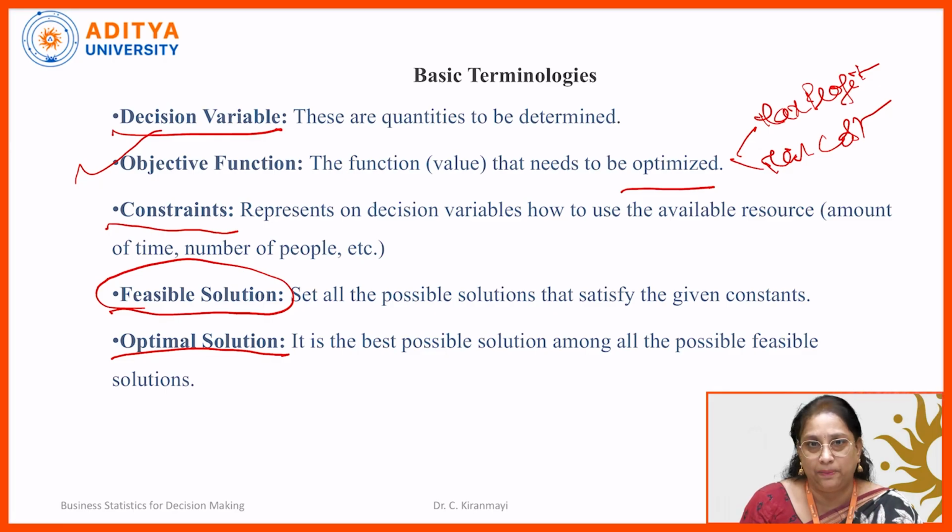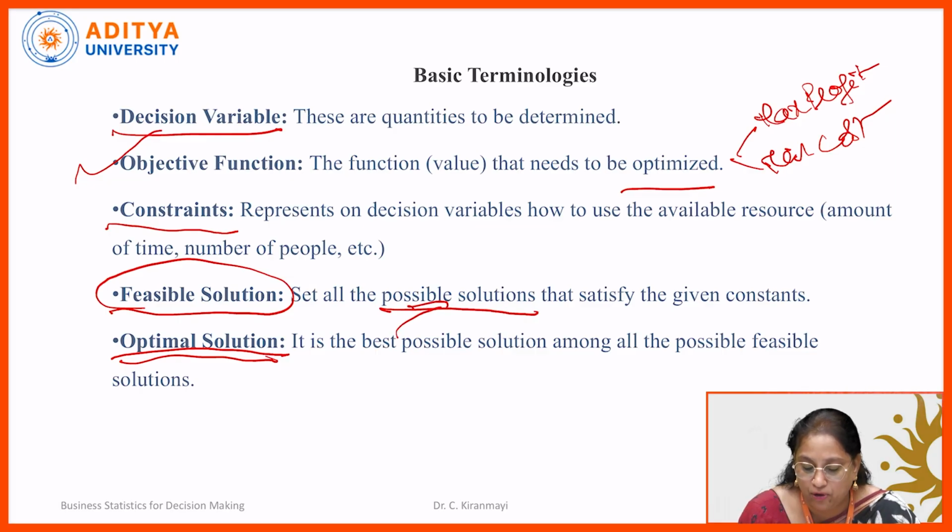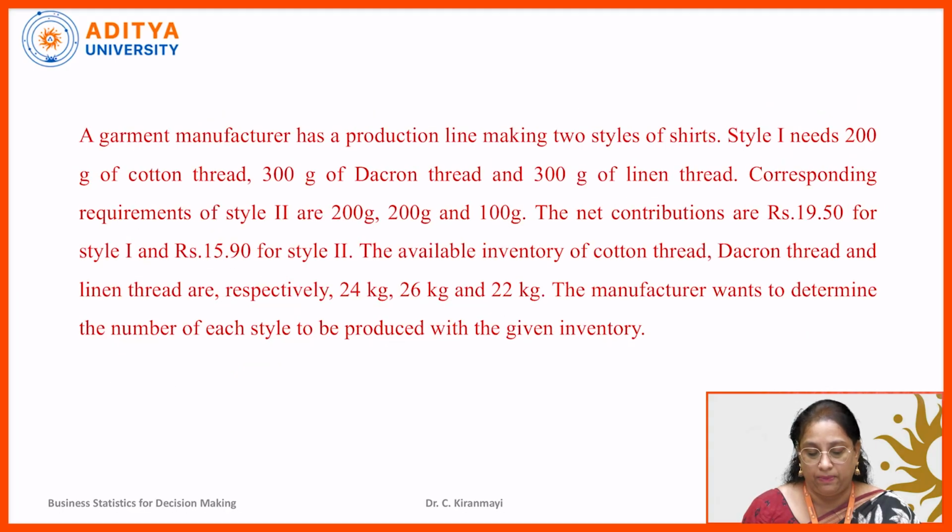That is the ultimate agenda of the linear programming problem, and that we can do with the optimal solution. Optimal solution is that solution which is the best among the possible solutions. So, these are the main terminologies which we come across in linear programming problem.